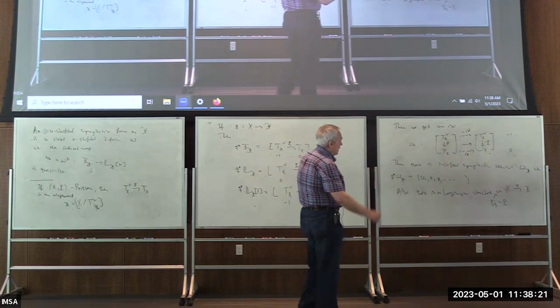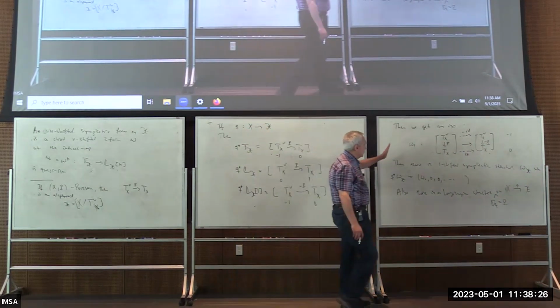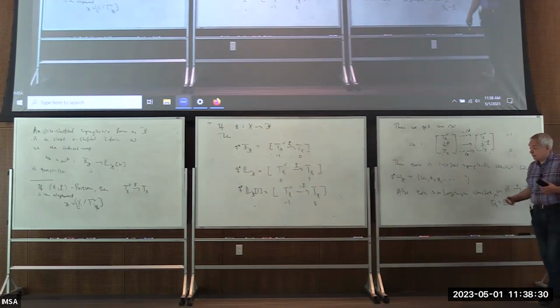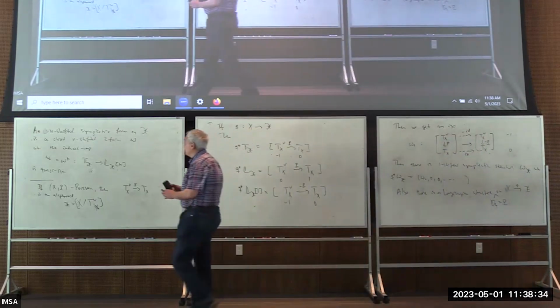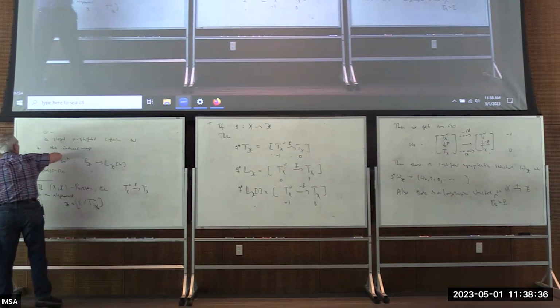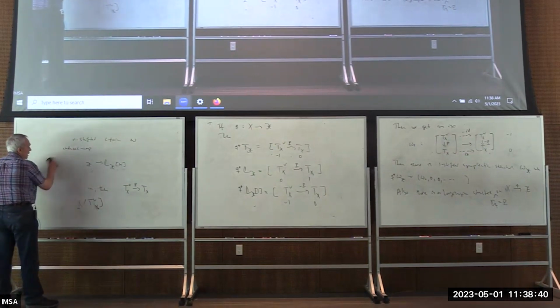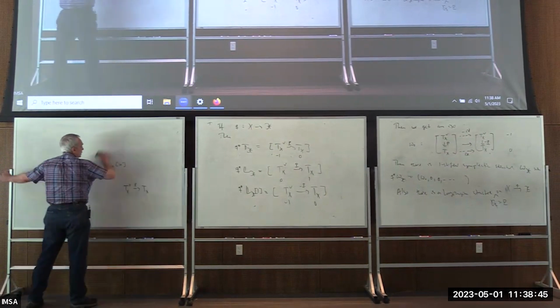So the punchline is that if you have a Poisson manifold, you get a formal stack, which is the quotient of the manifold by the cotangent bundle, by the Poisson structure. And on it, you get a one-shifted symplectic structure and a Lagrangian structure on the quotient. And in fact, this is an equivalence of spaces.